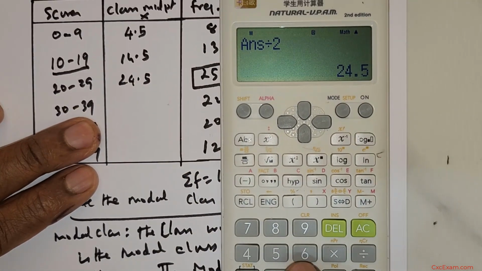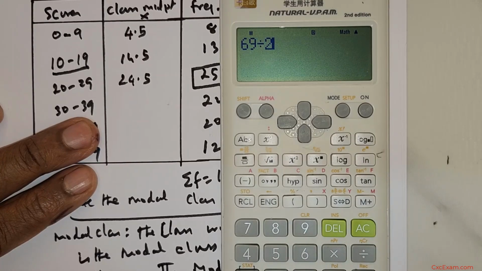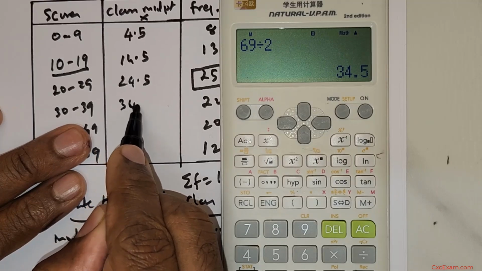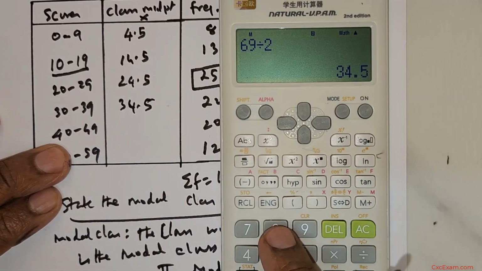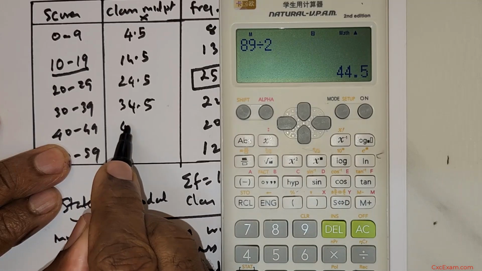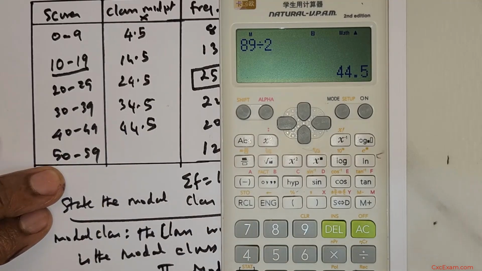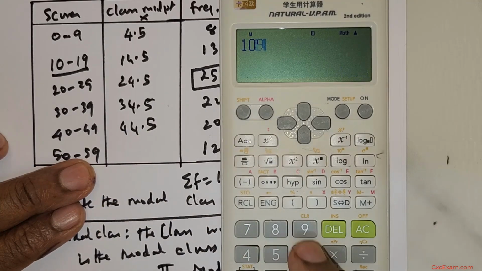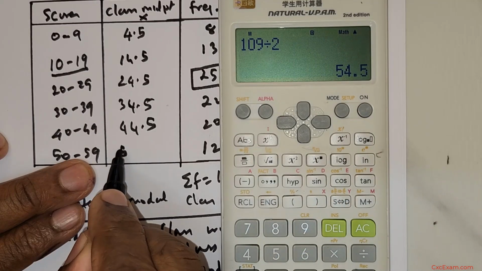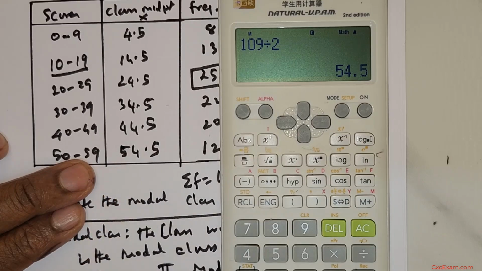Then 30, 39, that's 69. You divide by 2, 34.5. This is 89. You divide by 2, how do you get 44.5? This is 109 divided by 2, 54.5. Okay.